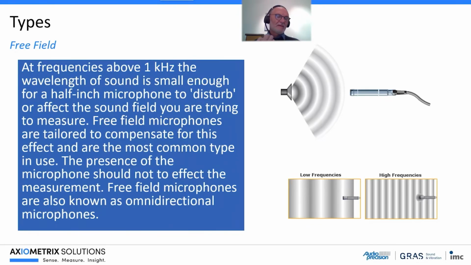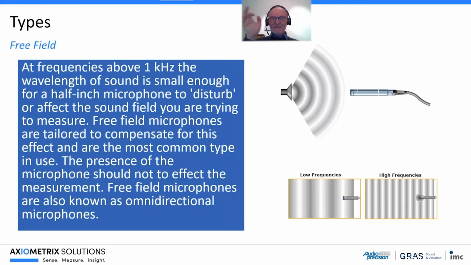If we look at a free-field microphone, the little mechanical part will have a tendency to build up pressure in front of the microphone, in front of the diaphragm, at higher frequencies.